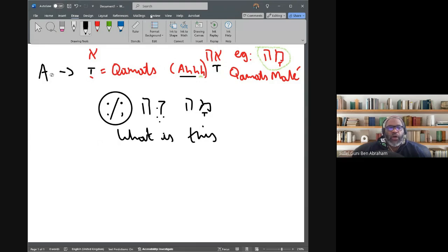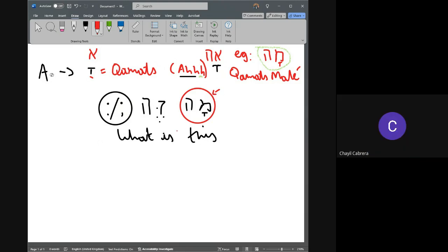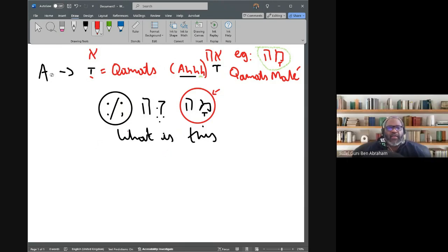For you to actually know what it means, you actually have to look at the root of the phrase, which is ma. Then you know it means what, and then you go, okay, it could be a question, and then you get these two dots. If you don't have them, your only clue is going to be ma, the word what. So this is the symbol. Sometimes they have it, sometimes they don't. This just means a question mark.